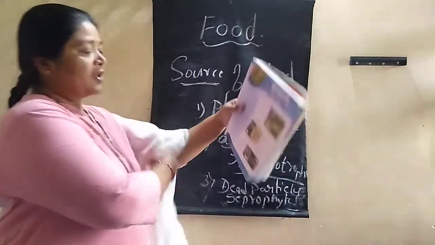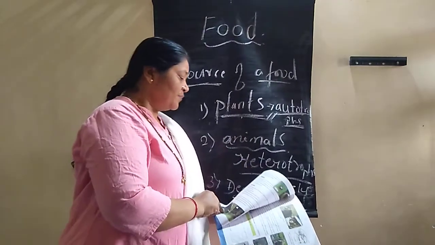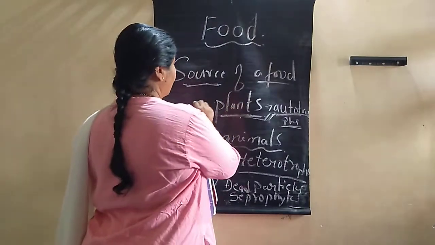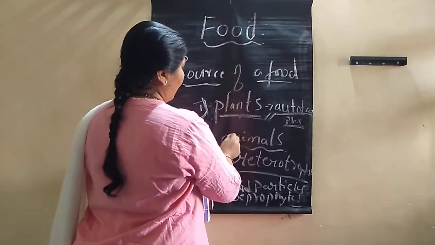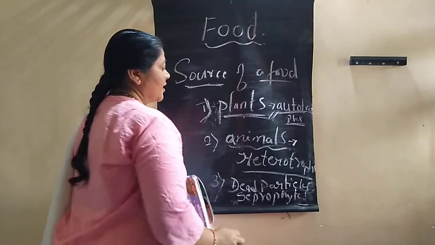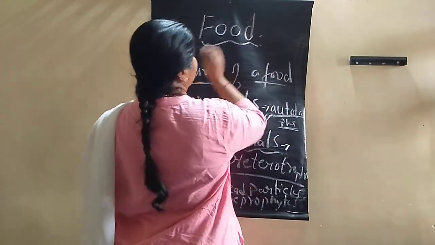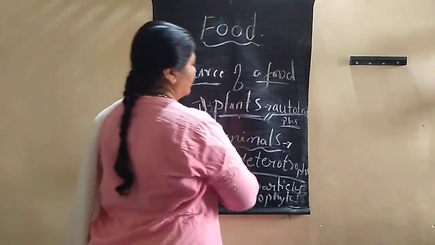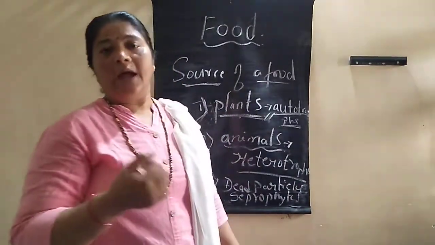Plants are autotrophs, and those that eat plants are called herbivorous. Animals which depend on plants and other animals are heterotrophs. Human beings come under heterotrophs. They do not prepare food; they consume food from plants and eat animals also.